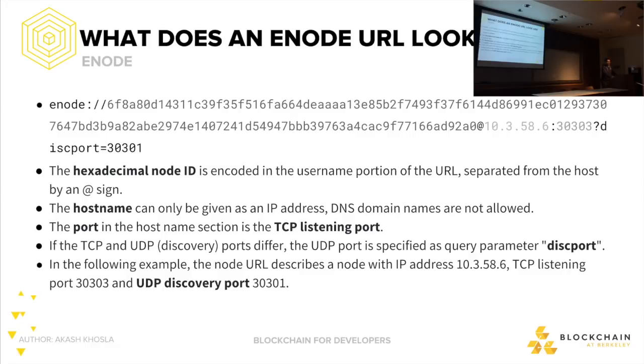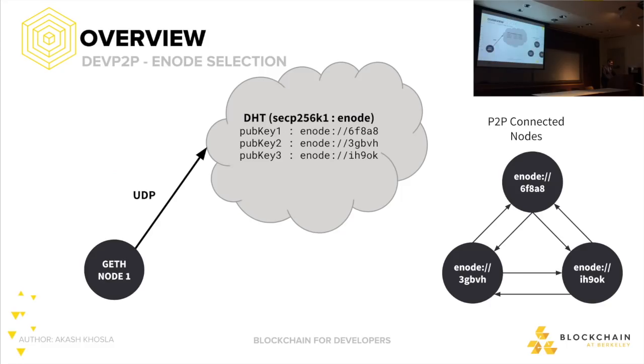You'll see why TCP and UDP have different ports and are used in the context of Ethereum nodes. This is an overview of how enode selection works when you're looking to bootstrap on the network with a current geth node. Say I run geth on my computer. It's trying to find other nodes and sync up with other people. I have my geth node on the left, and I also have my DHT, which contains a public key using elliptic curve key generation, and then an enode value.